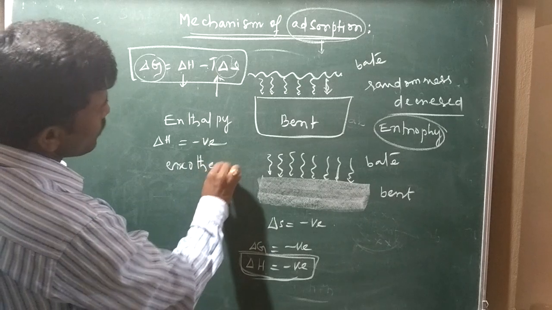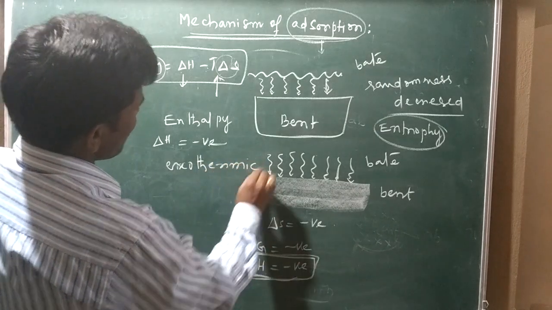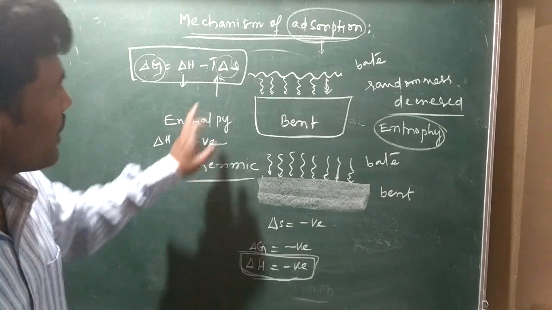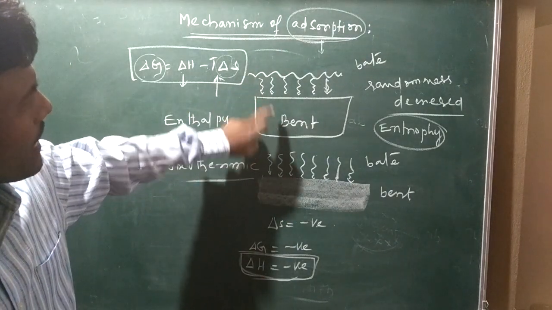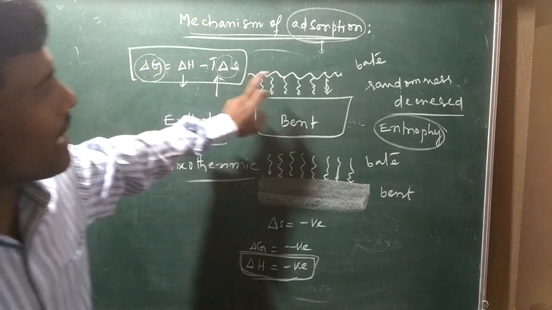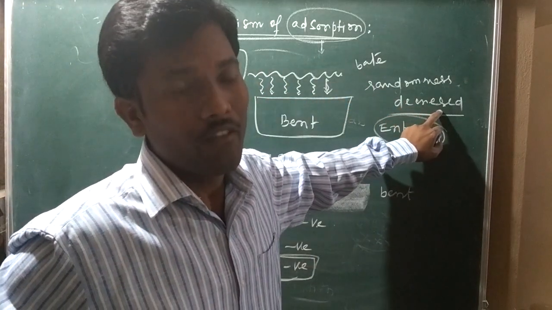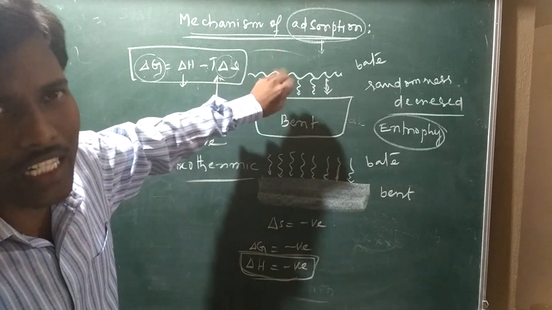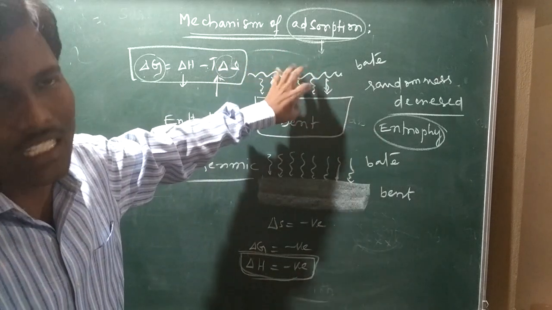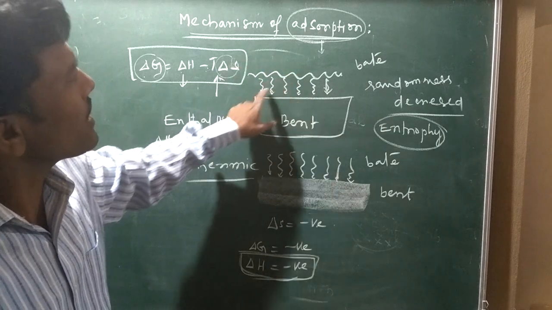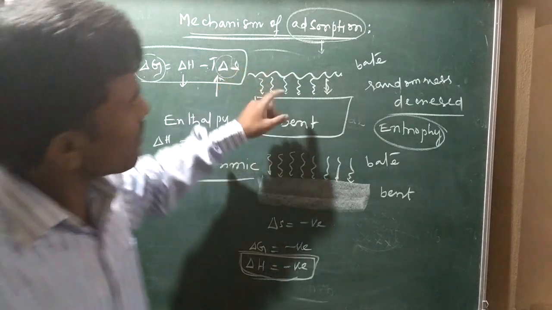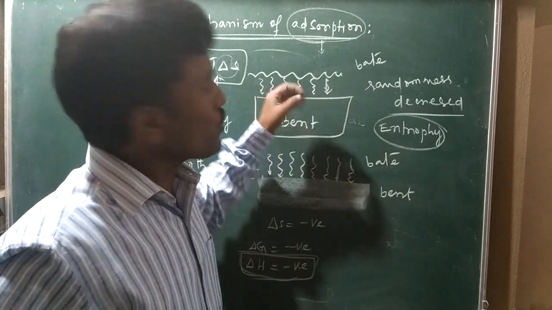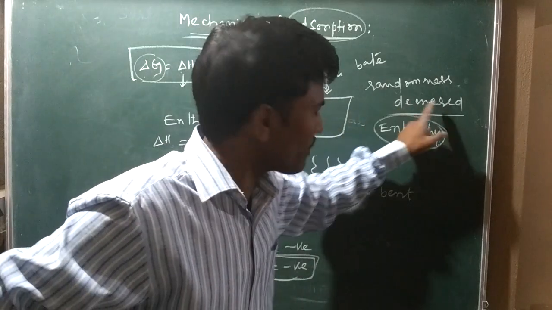So why is adsorption always exothermic? Because when the interaction of adsorbent and adsorbate increases, the randomness decreases. Why? The accommodating particles increase, so congestedness increases, and attraction forces become very high. Due to these attraction forces, the randomness decreases.